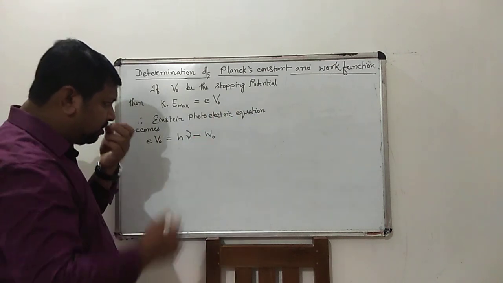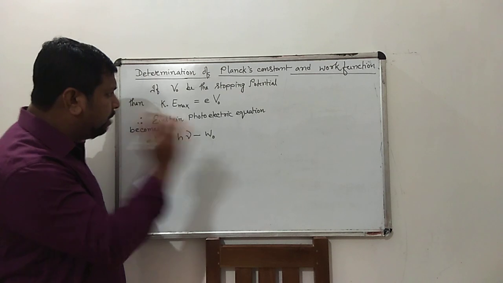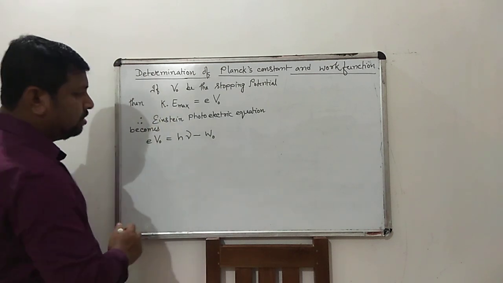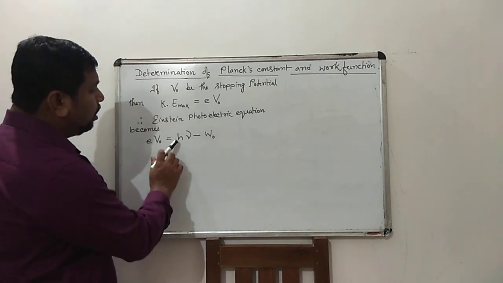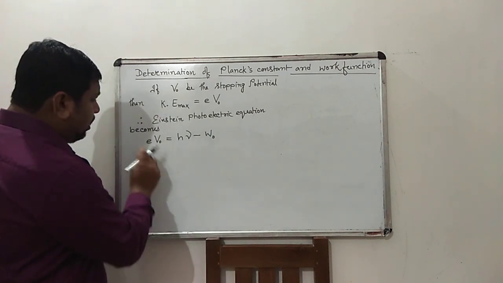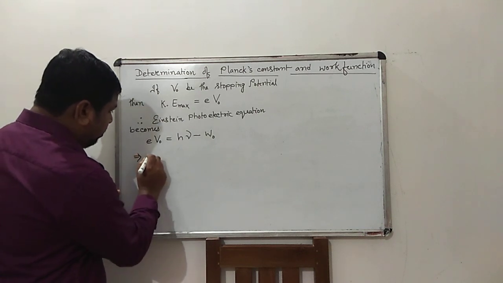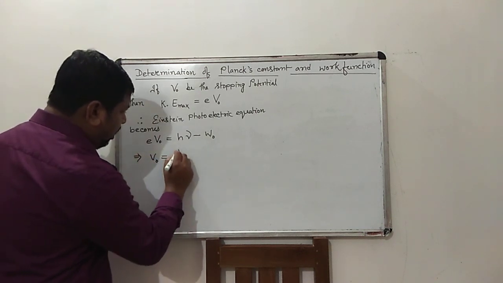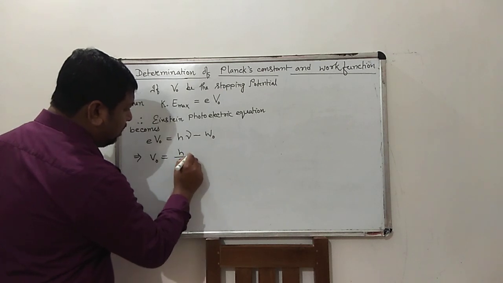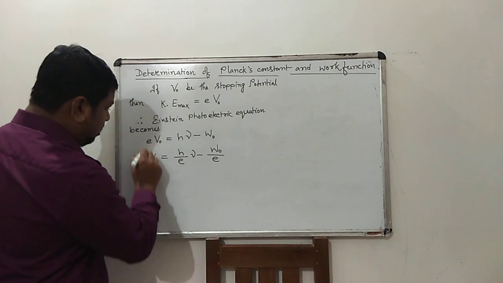So this is equation number 1, the Einstein photoelectric equation. Then it becomes e V naught equal to h nu minus W naught. So V naught equals h by e times nu minus W naught by e.